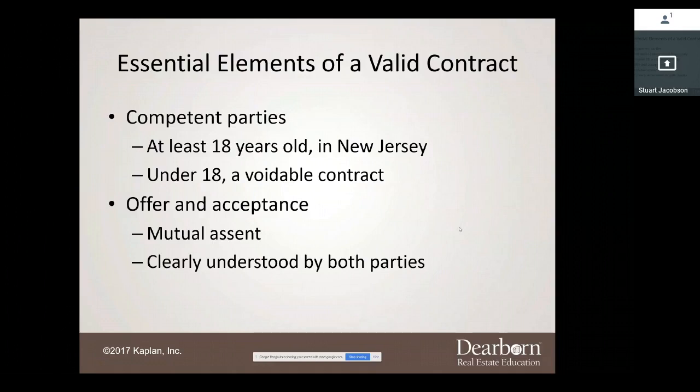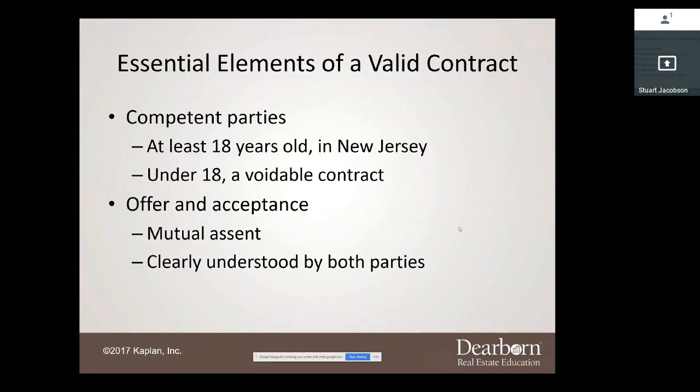Something else I'm going to talk about with competent parties is something that comes up a lot. They love asking questions about what if someone signs, is seemingly competent at the time they sign a contract, and then it is later deemed by either a court or a medical professional that they had, in fact, a mental handicap or disability at the time they signed, and they are now considered incompetent.